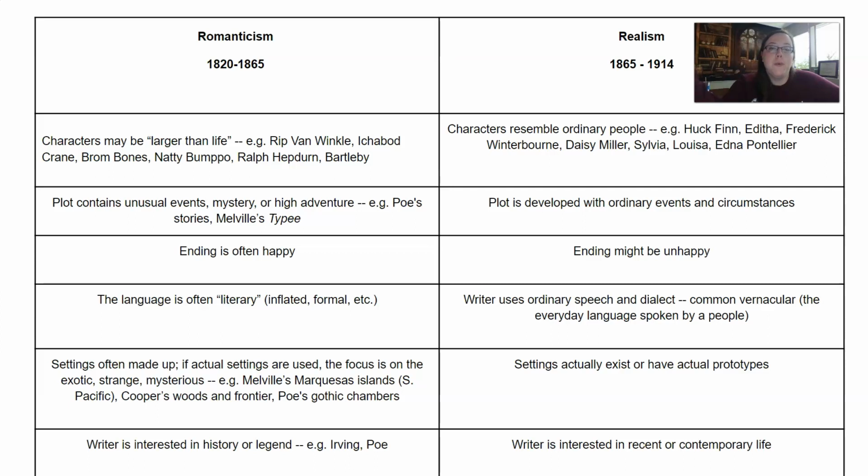So in realism, we don't have characters like that. We have characters who are just everyday people. Again, characters could be you or me in this text. Romantic plots are usually interesting. You get mystery, you get adventure, things are happening, right? You think about Edgar Allan Poe. There is a really clear plot structure.